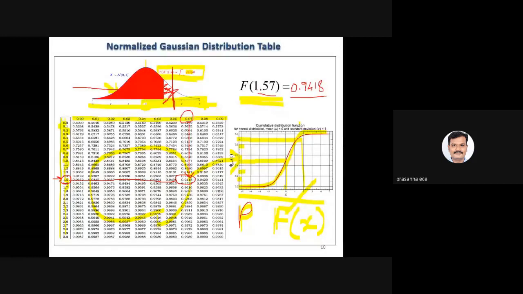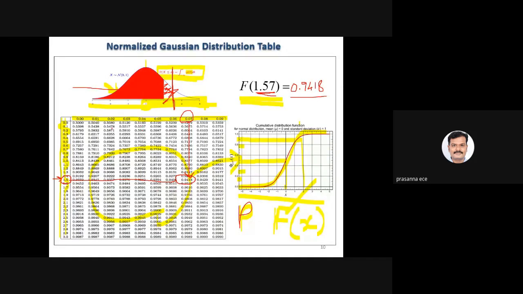Yes, sir. So whatever number is given inside this capital F function, the non-decimal part is the integer part, the first decimal digit is read from the leftmost column, and the next decimal digit is read from the topmost row, and then the coincidence is read as the probability.